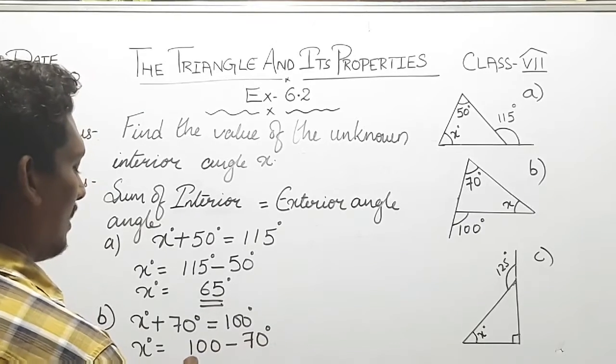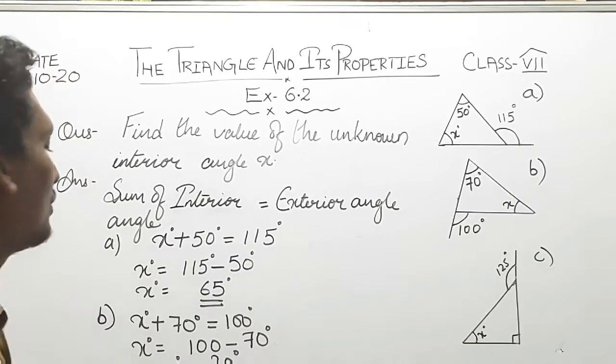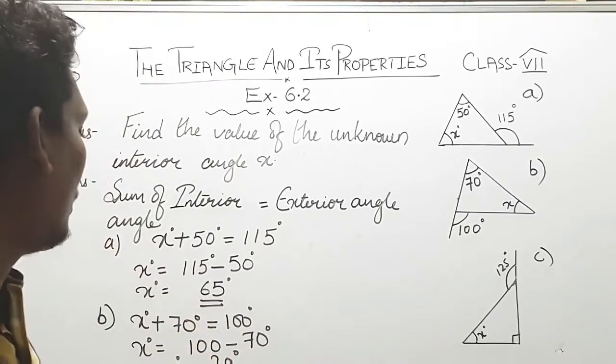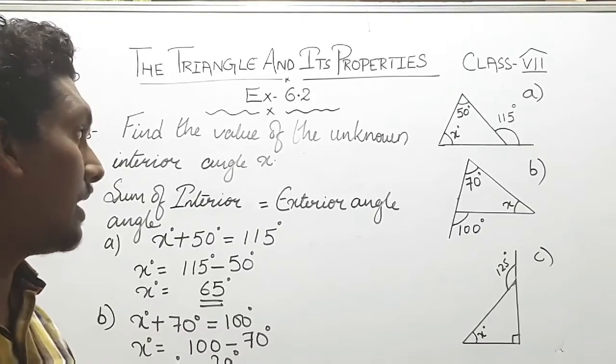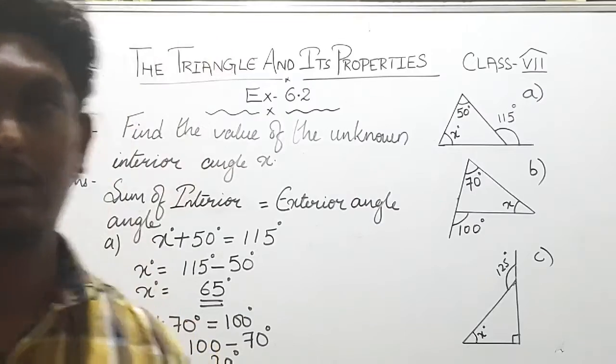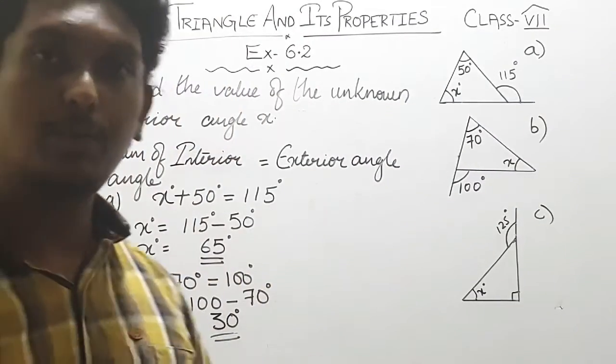So x is equal to how much? 30 degree. So 100 minus 70 is 30. So 30 is the answer of the second one. Just go through it.